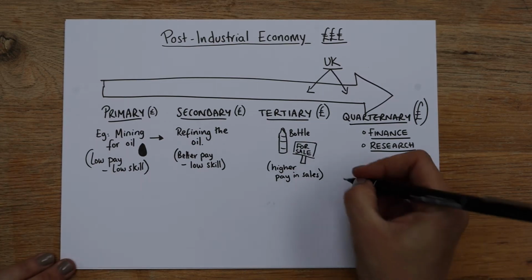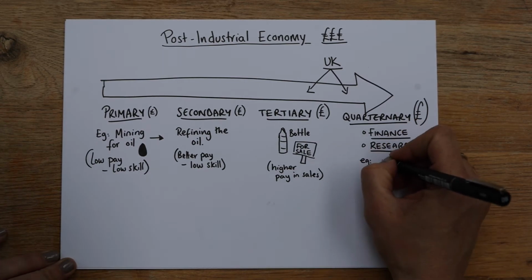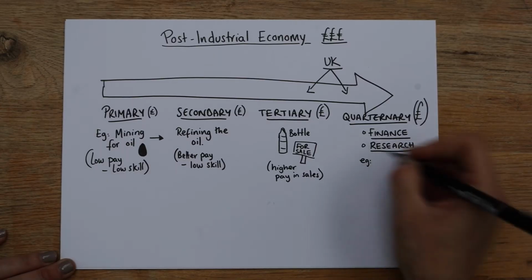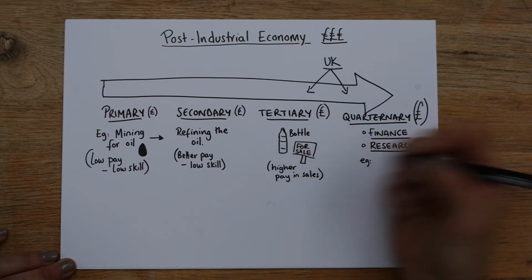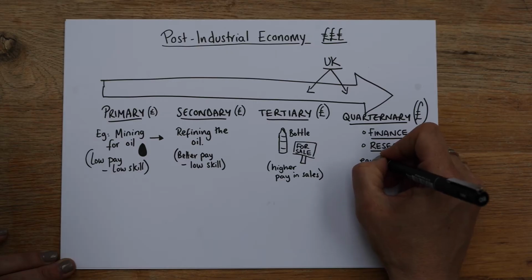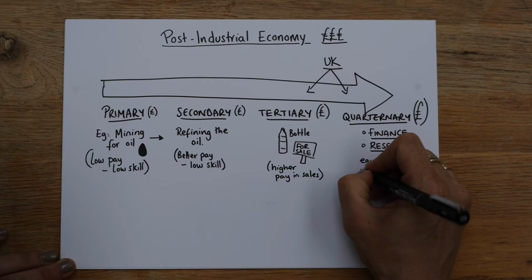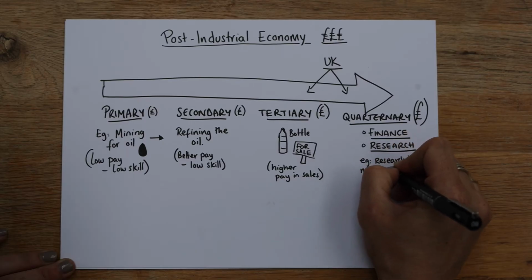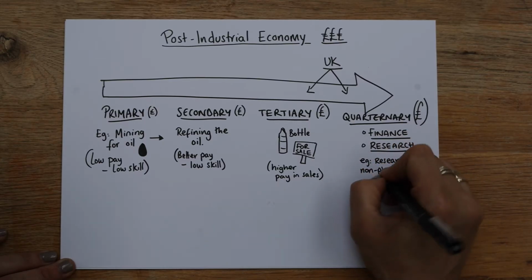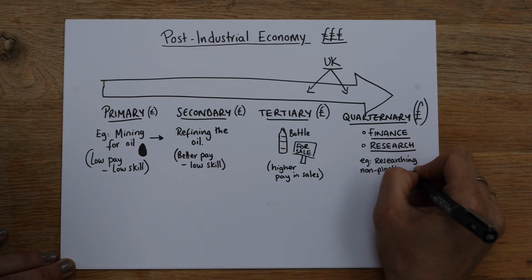So it might be looking at seaweed, for example, which I know is being used to make a kind of plastic variant. So, e.g., researching non-plastic alternatives.